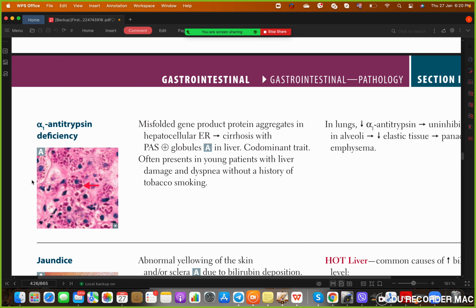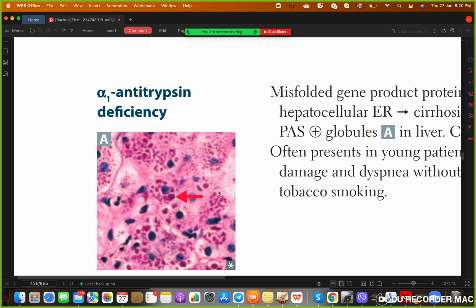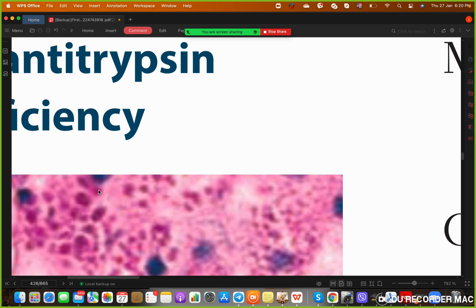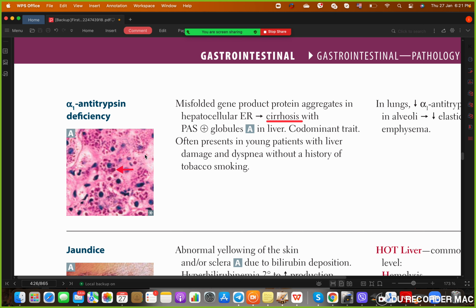As you can see, this is a hepatocyte, and you can see all of these aggregates inside of it, made out of protein. That will keep happening for a long period of time, which can promote cirrhosis, with PAS-positive globules. As you can see in the picture, all of the pinkish material here is PAS-positive material. It is also codominant.